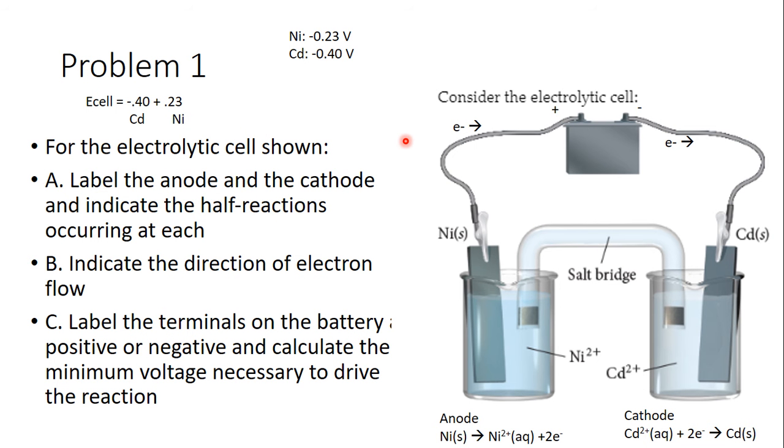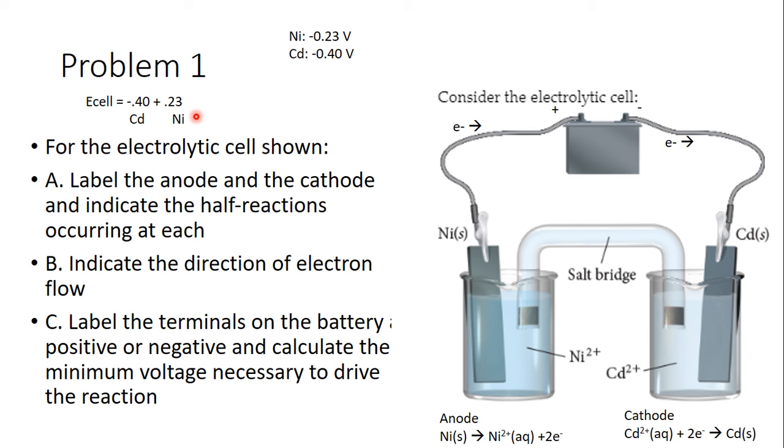So our first problem is just to decide how an electrolytic cell is set up using nickel and cadmium. So the first thing you need to do is find the reduction potentials of nickel and cadmium, and then you need to combine them in such a way that your reaction would be non-spontaneous for your E cell. Remember, non-spontaneous for E cell means negative.